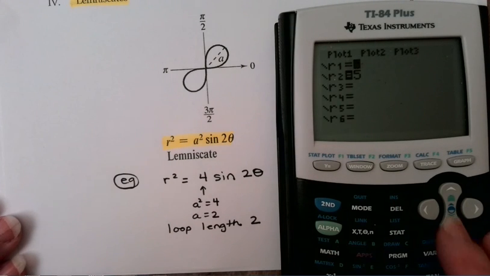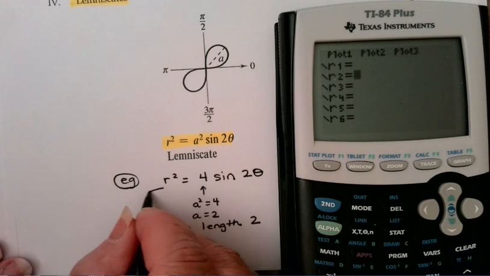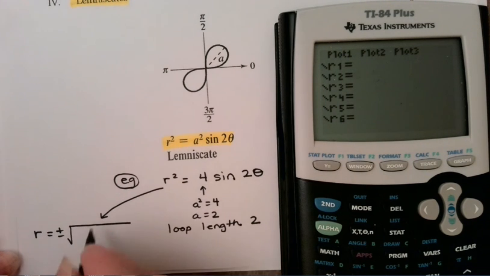Now, here's the problem. The calculator will only graph r equals. It won't graph r squared. So what I'm going to have to do here is say r would actually be plus or minus the square root of 4 sine 2 theta.